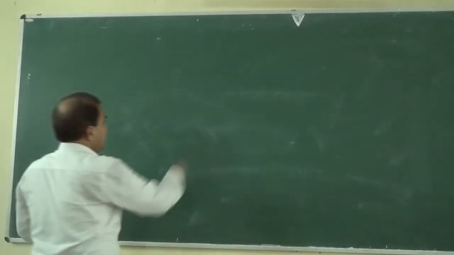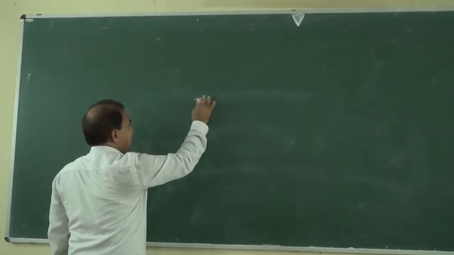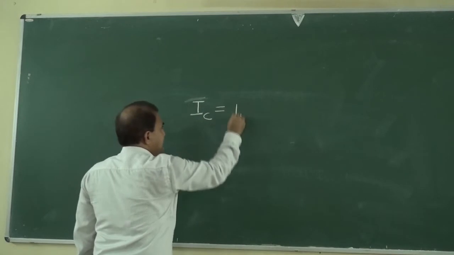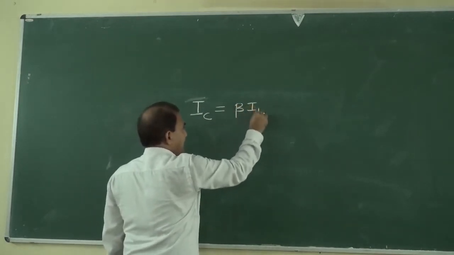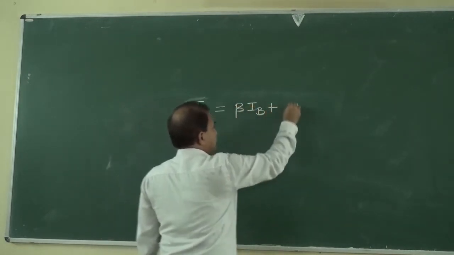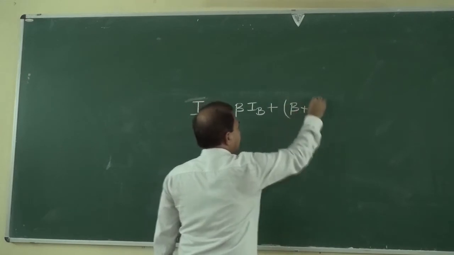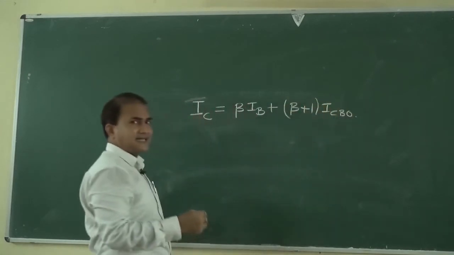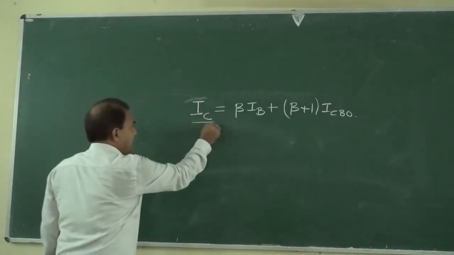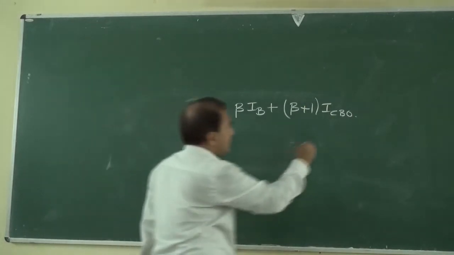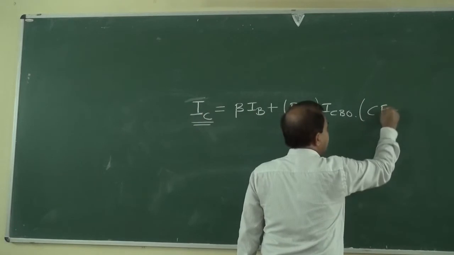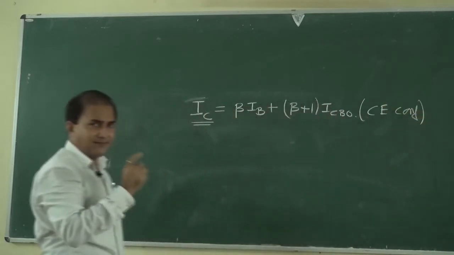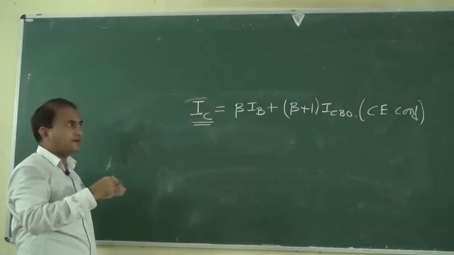Now we will determine the stability factor. IC we have written: IC is equal to beta IB plus beta plus 1 into ICBO. This is the general expression for IC when the BJT is in common emitter configuration.